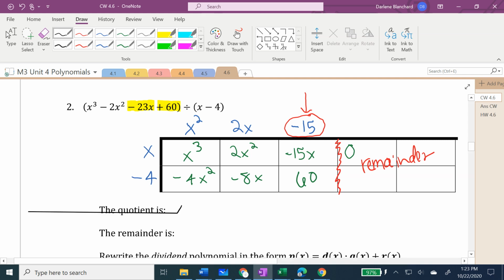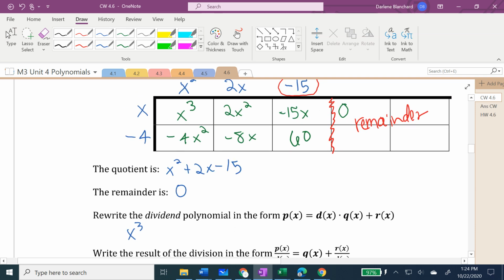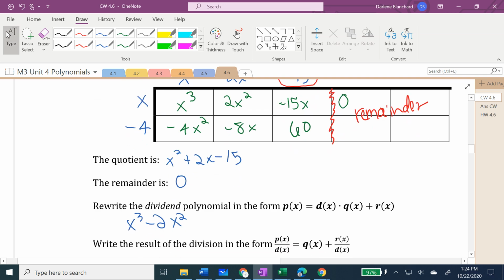Okay. The quotient is x squared plus 2x minus 15. The remainder is 0. So now when I rewrite the dividend, the polynomial that was being divided was x cubed minus 2x squared minus 23x plus 60.